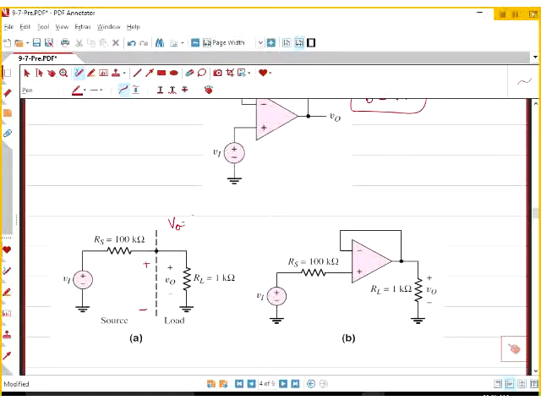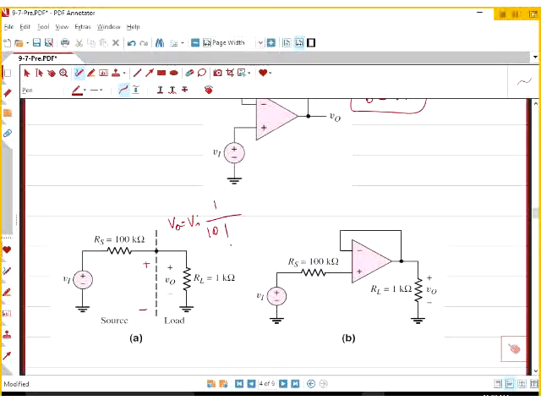Your VI in this case is, let's use the voltage divider, almost 1%. Only 1% of input voltage gets to your load. The rest is going to be consumed or wasted across that 100K.